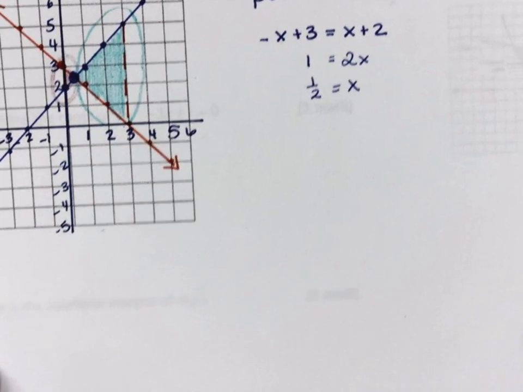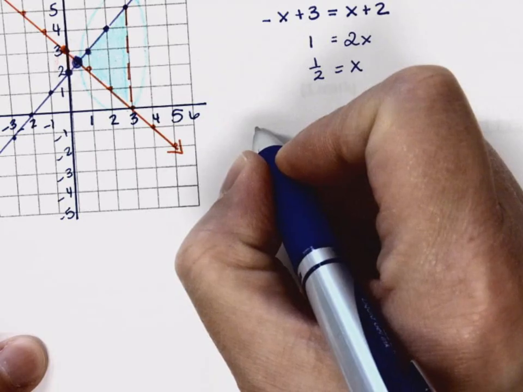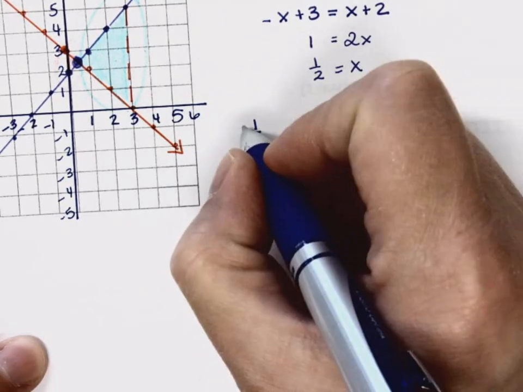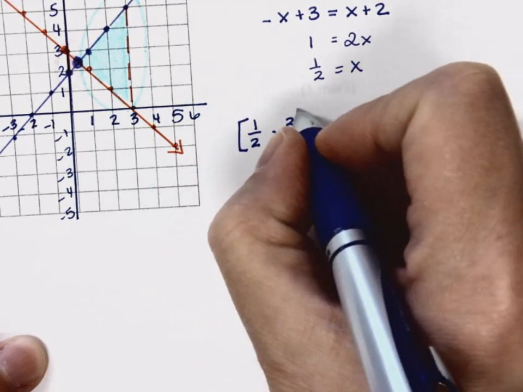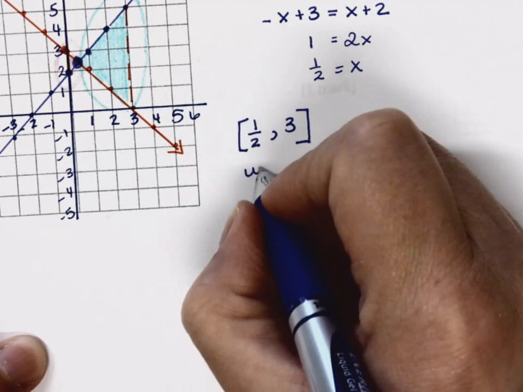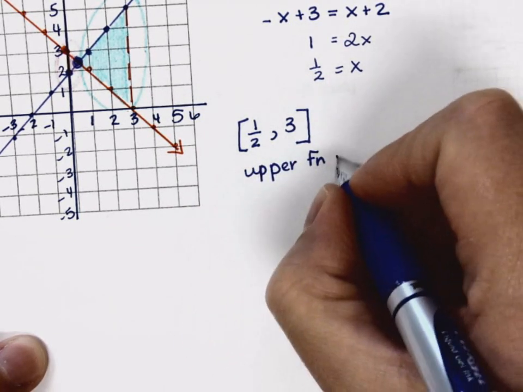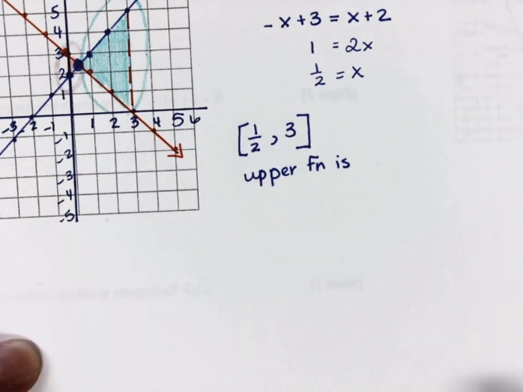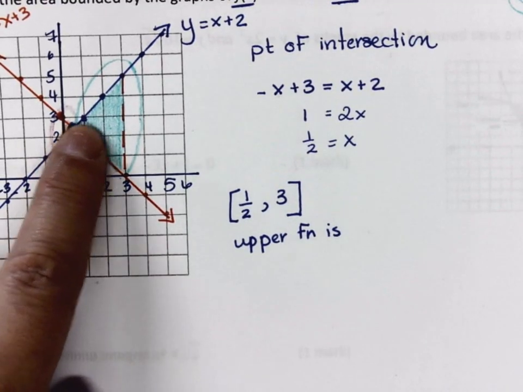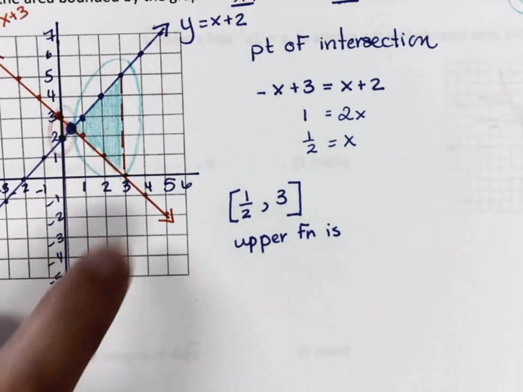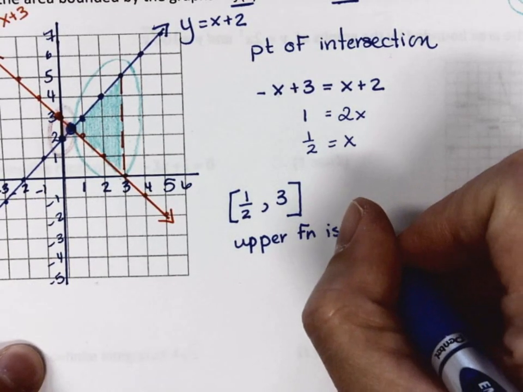So I know the domain goes from 1/2 to 3. The upper function is which one? If we're going from here to 3, I'm in the green area here: x plus 2.